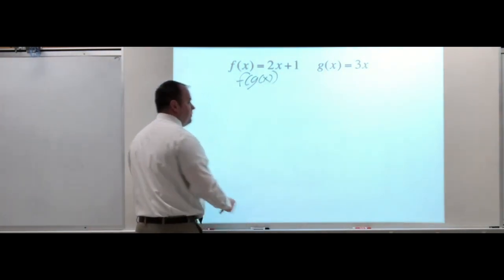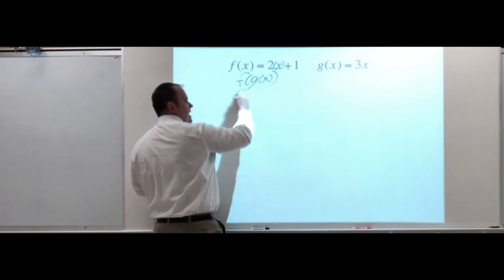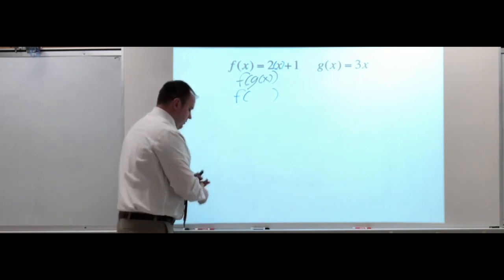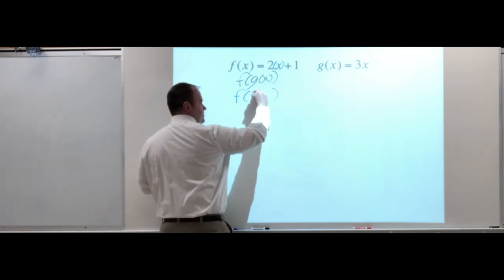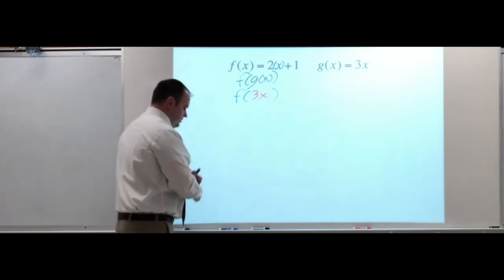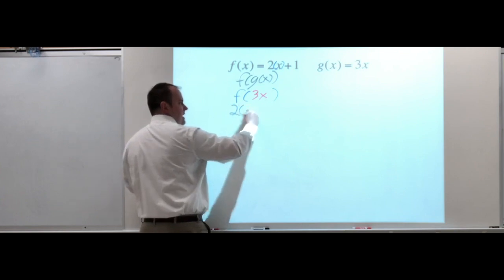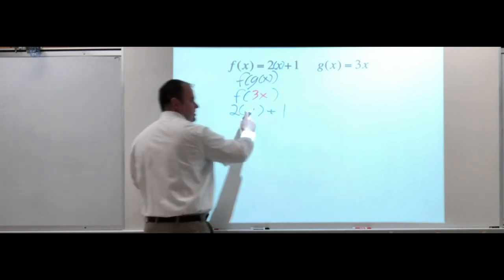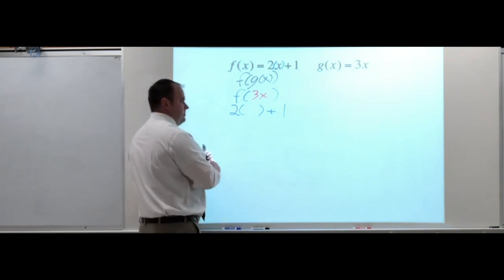Here's the f here. We have f, and we're going to plug in g, which is 3x. So looking at that, we're going to take 2 parentheses plus 1, and inside those parentheses, I'm putting that 3x.